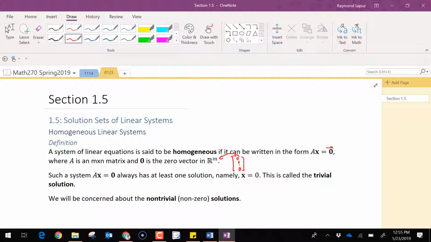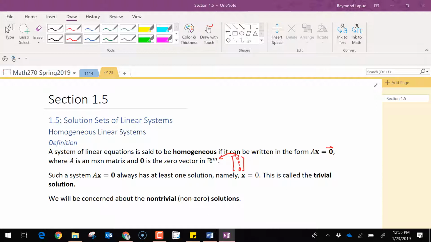That's because if you plug it in, you get 0. Now, there are some cases where you don't just get the zero vector as a solution. You might get more. The interesting scenario is when we get a non-trivial solution, a solution that's not just the zero vector.